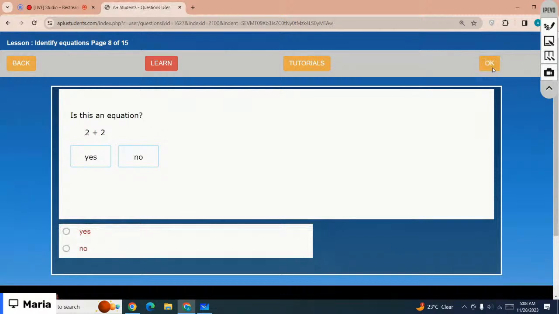Is this an equation, 2 plus 2? The ones that are without an equality sign are not equations, right? 2 plus 2, no, this is not an equation. Is this an equation, 2 plus 5?